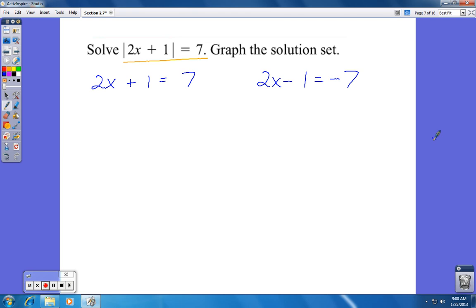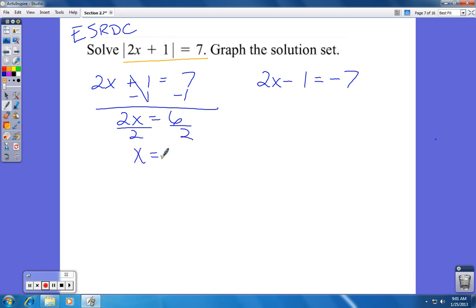From here we're going to solve. We're going to subtract 1. If you think about the steps to solving equations, remember ESRDC from the previous lesson in 2.1. Here we're going to rearrange, bring our 2x down. 7 minus 1 gives us 6. Divide by 2.